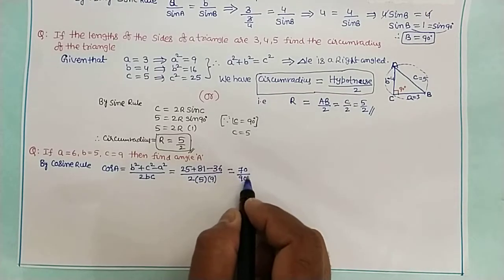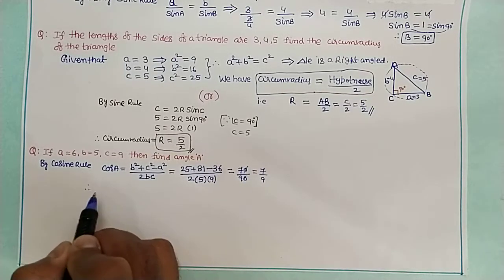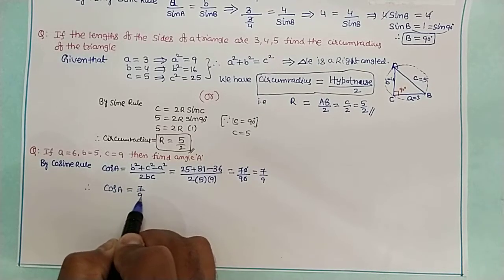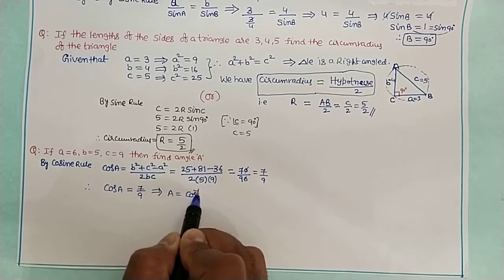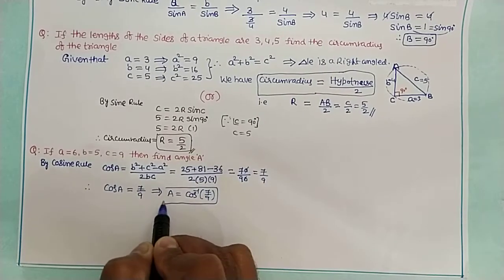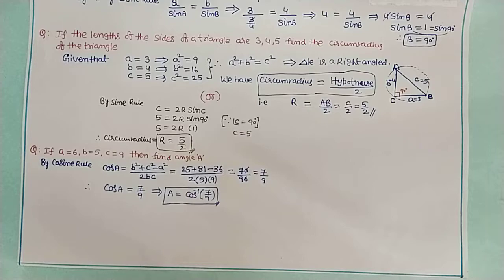Zero and zero get cancelled, 7 by 9. Therefore cos A equal to 7 by 9. That implies A equal to cos inverse of 7 by 9. Hence the angle A equals cos inverse of 7 by 9.